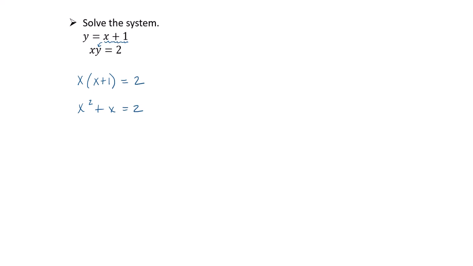And now we see that we have a quadratic. I'm going to need to get this on one side equal to 0, and I'll factor. This is an x plus 2 and an x minus 1 equals 0. And I get an x of negative 2 here and an x of 1 here.